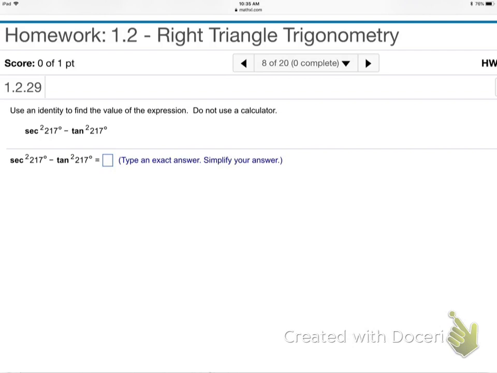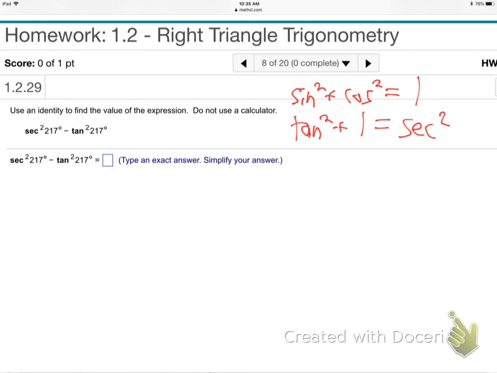Secant squared minus, okay, let me give you some important identities that you're going to want to use on these problems. Sine squared plus cosine squared is 1. We've already seen that once. Here's another one. Tangent squared plus 1 is secant squared.